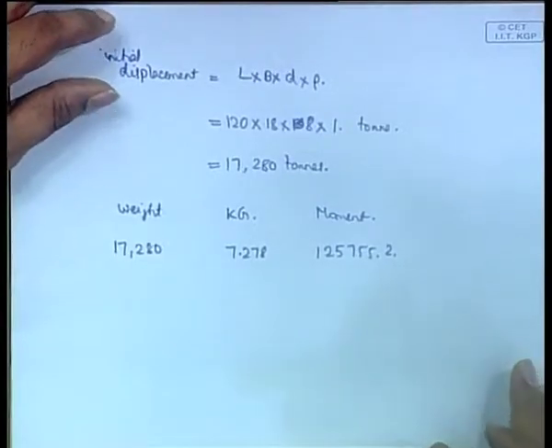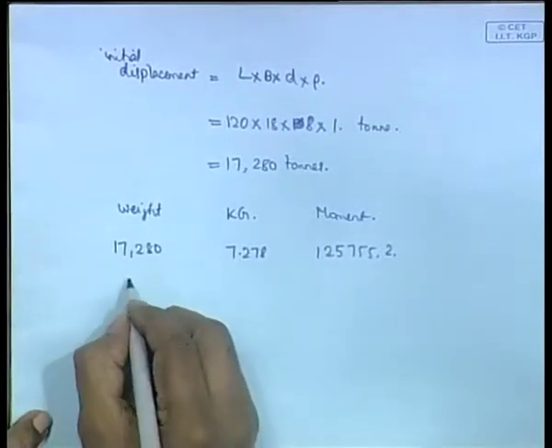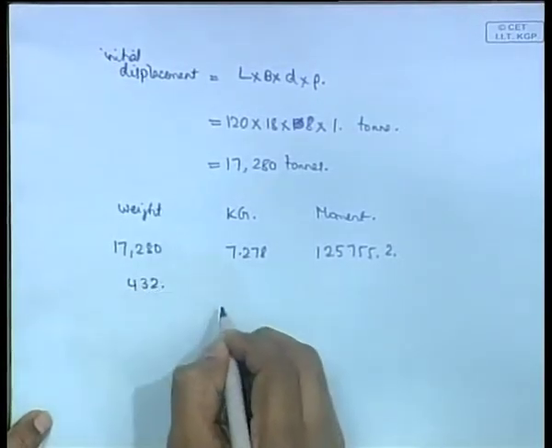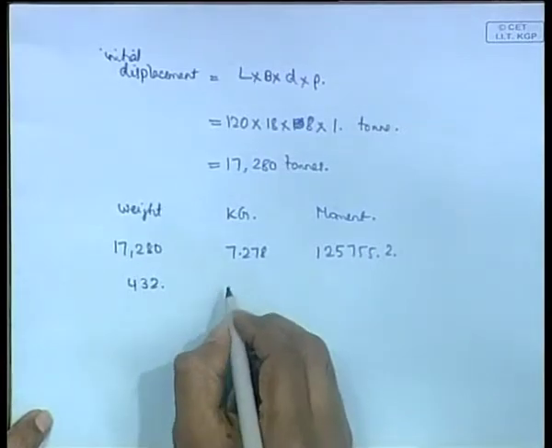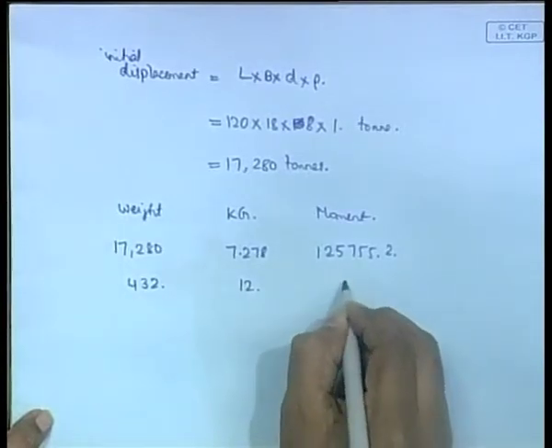Then you are told that you are adding a weight, a weight of 432 tons is loaded. So, this is added, and you are told that your KG for that is 12 meter. So, you multiply 12 with this, you get something.